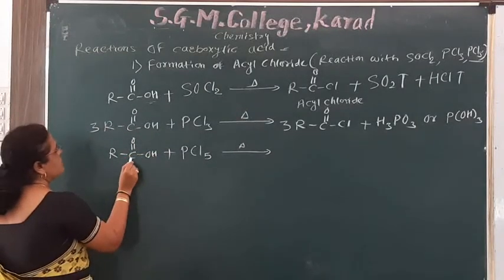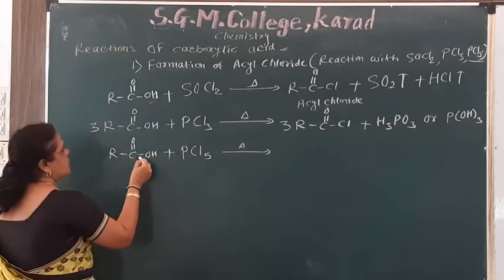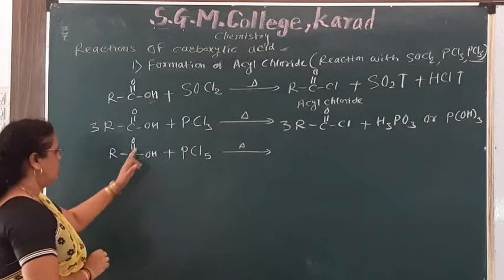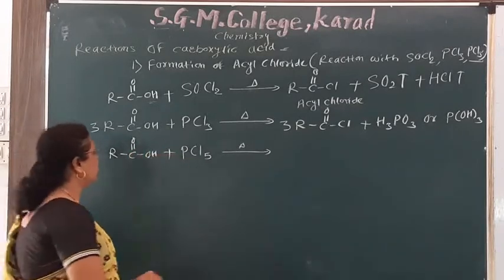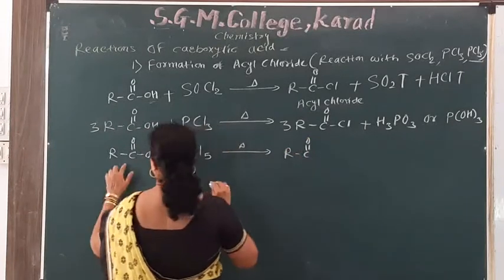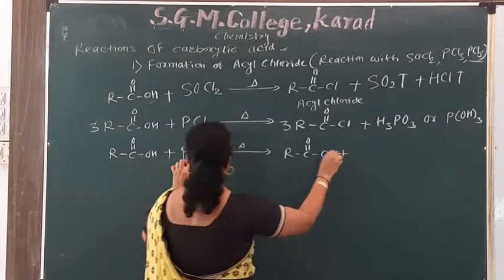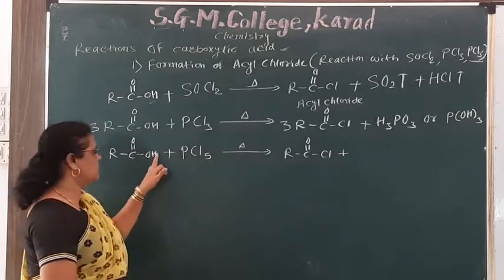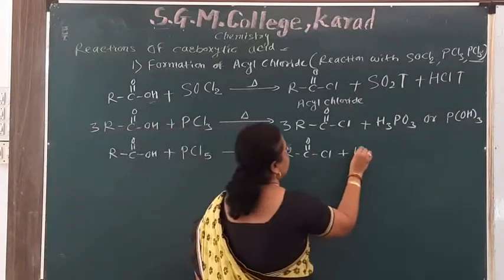Here RC double bond O and 1 Cl atom is attached to this carbon. OH of hydroxyl group is replaced by chlorine. Then we get RCOCl. This is acyl chloride plus this H and 1 of Cl gives HCl.